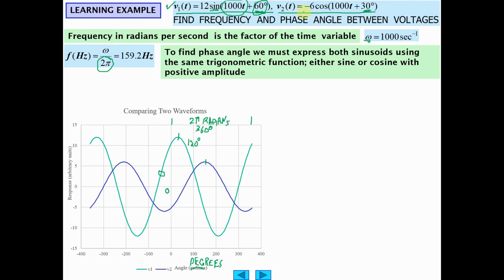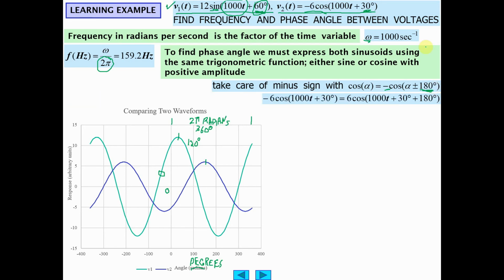And right here we have a sine, and we're comparing it to negative cosine. So we need to fix one of them. We'll take care of the negative sign. We talked about our trig identities, that you can convert the negative to positive by adding or subtracting 180 degrees to the angle with this identity.